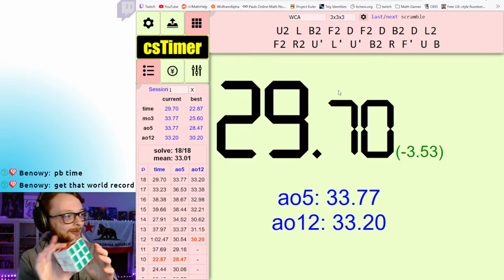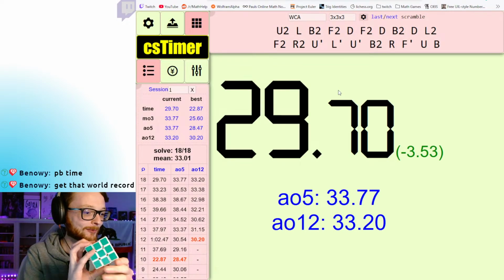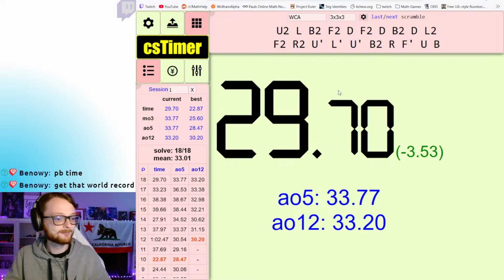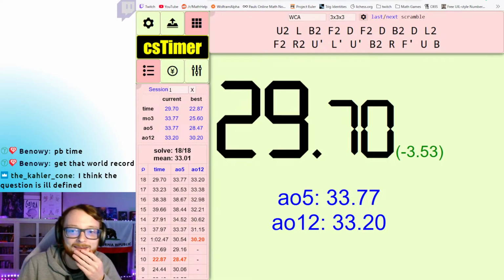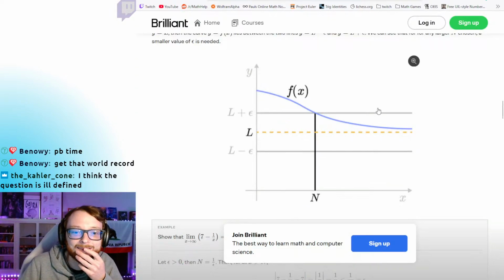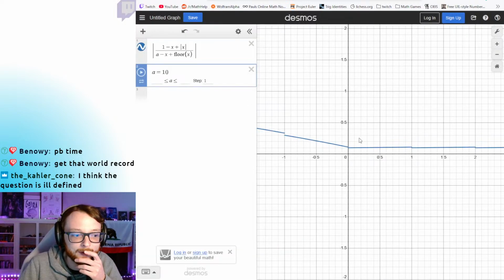Ah, not a very good solve. Oh well. My PB is like 17 seconds, and I set that in high school, and I think I've been washed up ever since.